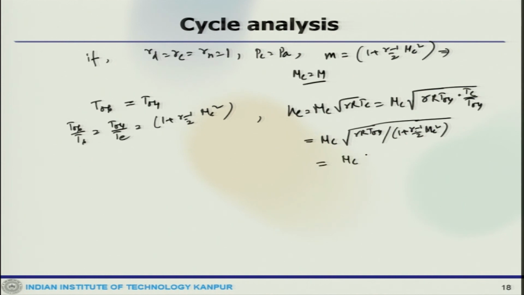So, we get gamma R T exit as gamma R T naught 4 times T exit by T naught 4. So, this is M e square gamma R T naught 4 by 1 plus gamma minus 1 by 2 M e square, which is M e square gamma R T naught 4 by m.